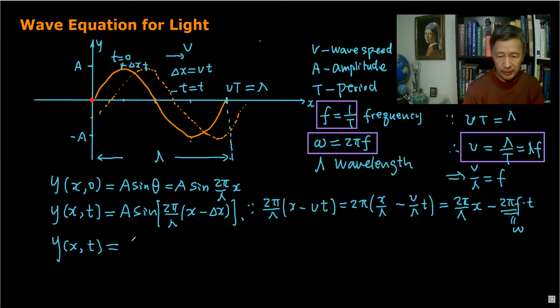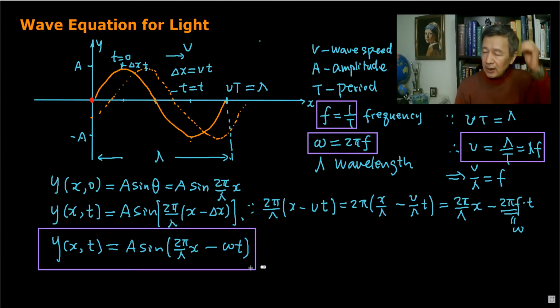We can find the equation: sine of the bracket 2 pi over lambda multiplied by x, take away omega t. Okay, this is the wave equation we're looking for.